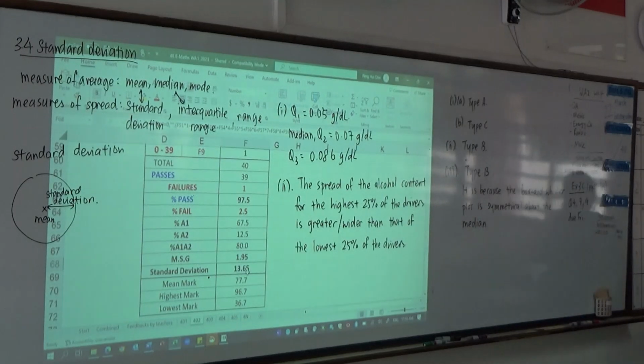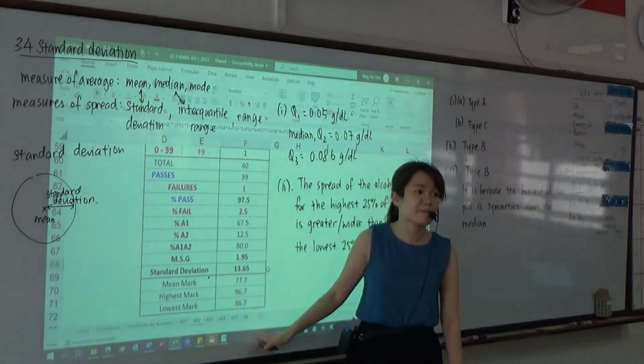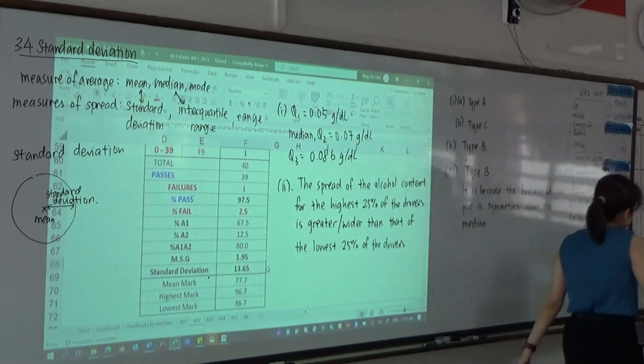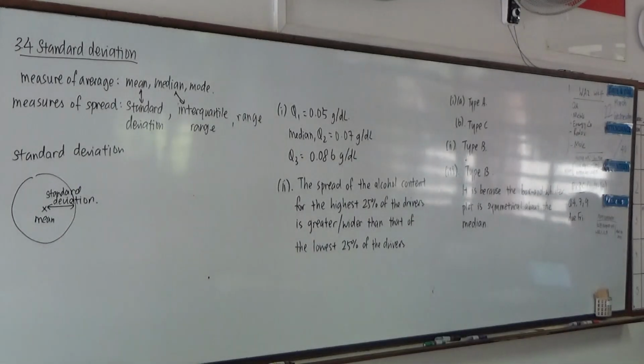Okay, actually looking at this number, I find it a bit strange. 13.65, is it even possible? Maybe there's a problem in the formula. But never mind, just taking this as an example. Because strictly speaking, this number doesn't quite make sense, I think. Alright? So that's what we see and understand about standard deviation.